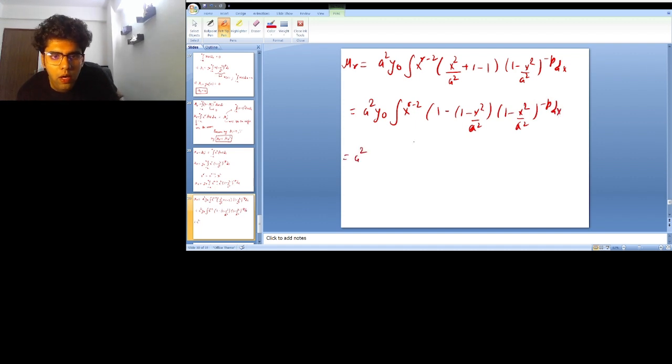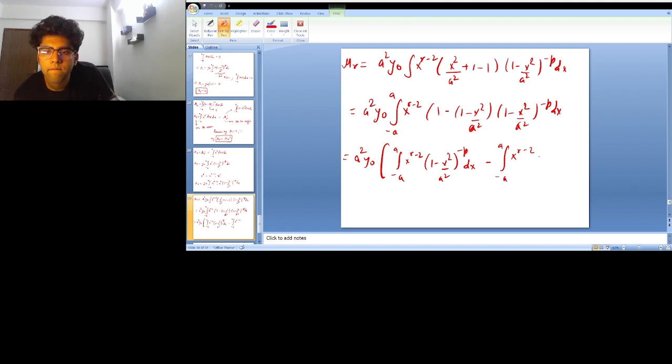Now I'm separating the integrals. So this will give me a square y0 integral from minus a to a of x to the power r minus 2 (1 minus x square upon a square) to the power minus p dx, and minus the integral from minus a to a of x to the power r minus 2 (1 minus x square upon a square).